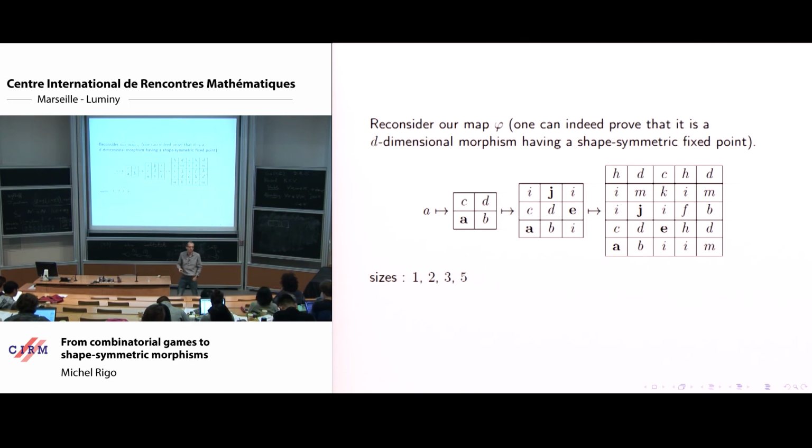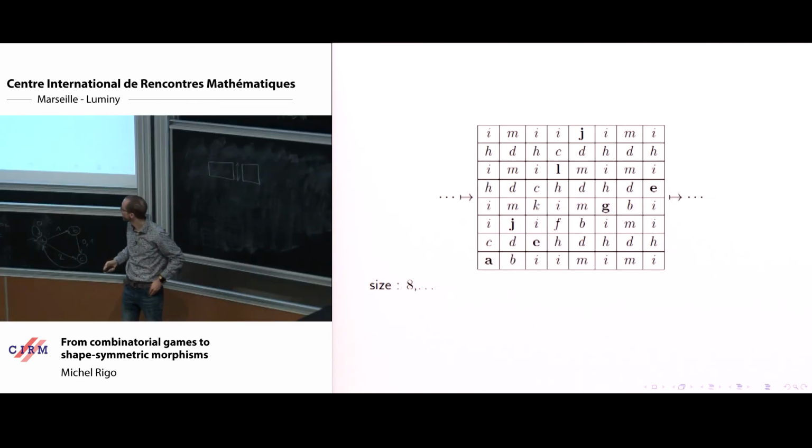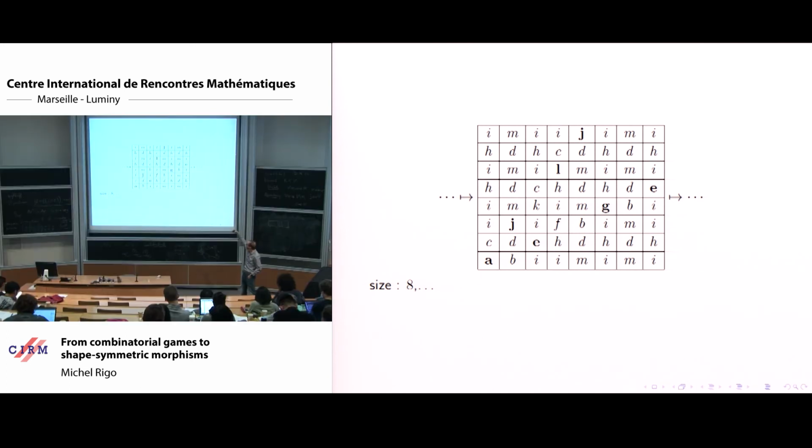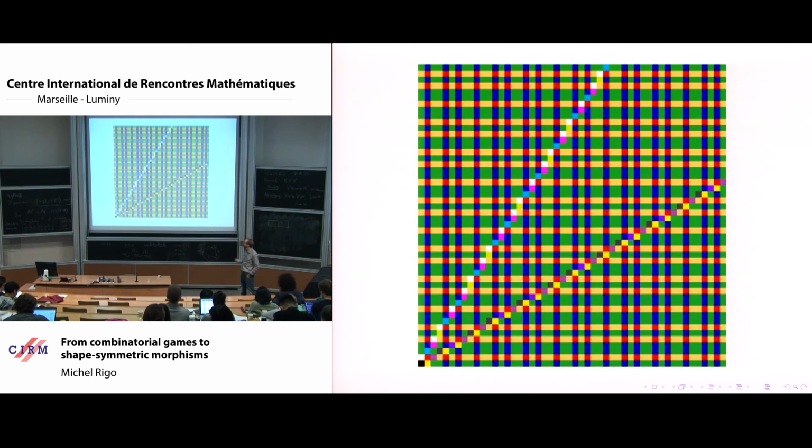You have the slides with you, but you can guess what the next one is. 1, 2, 3, 5, and the next one will be 8, because it works exactly like the Fibonacci sequence. And I keep iterating this, and I get this kind of picture. So I just put colors, but on this picture you will recognize where the P positions are lying, and the same for the symmetric part over here. So it seems to work pretty well.